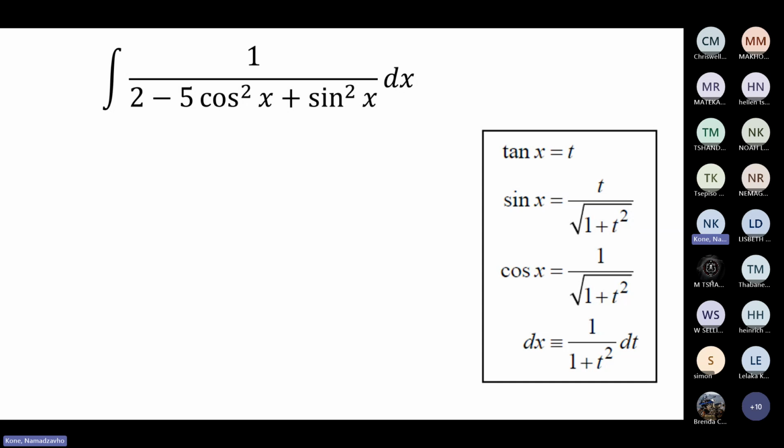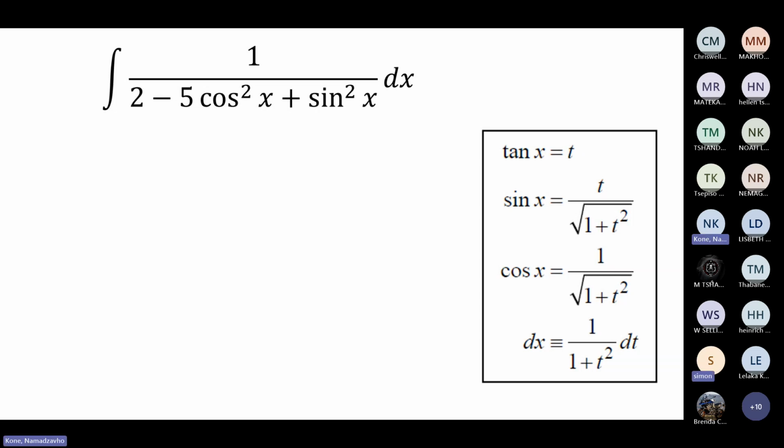First correct answer. Any other correct answer out there, different from this one? None.